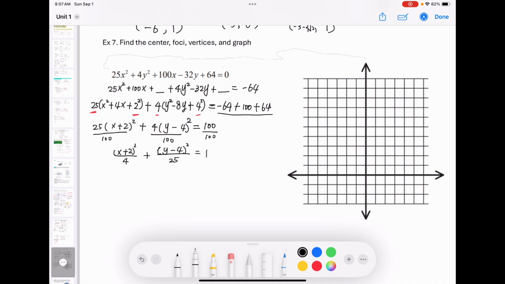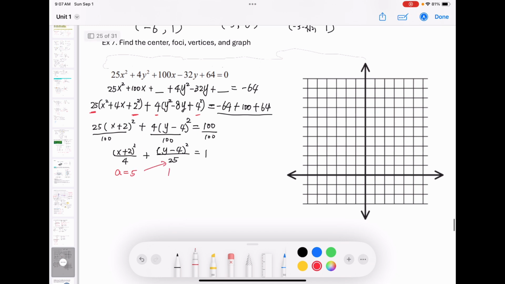Now we can identify a, b, and c. So a is 5, because 25 is the big number under the y part. 25 is 5 squared. We found it from 25, which is a squared.